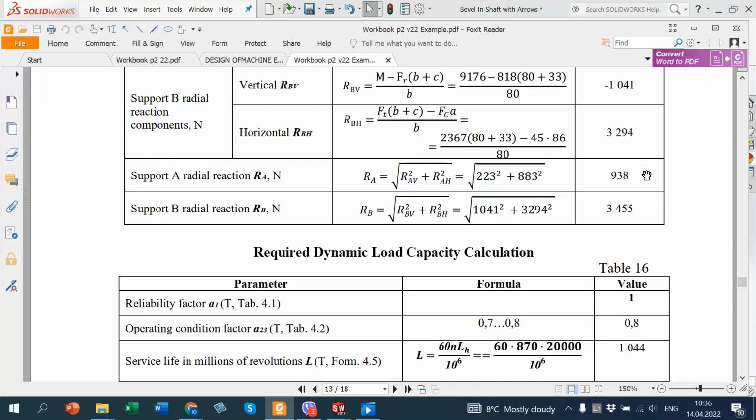So we will calculate according to the biggest loaded support. Second support we will take the same.